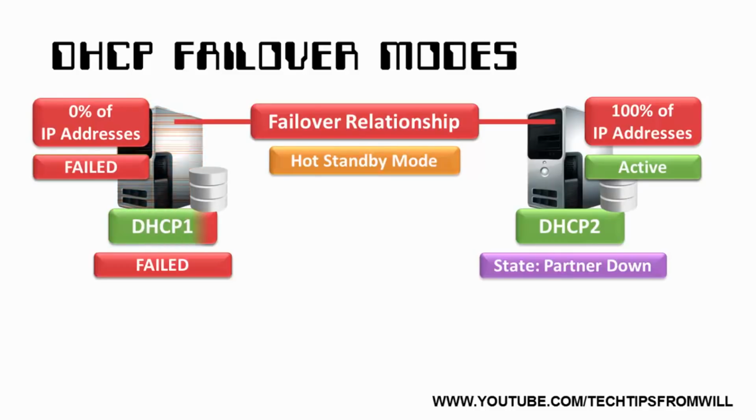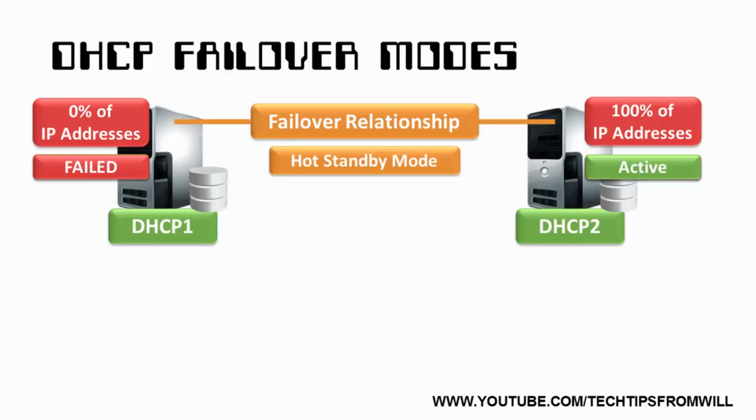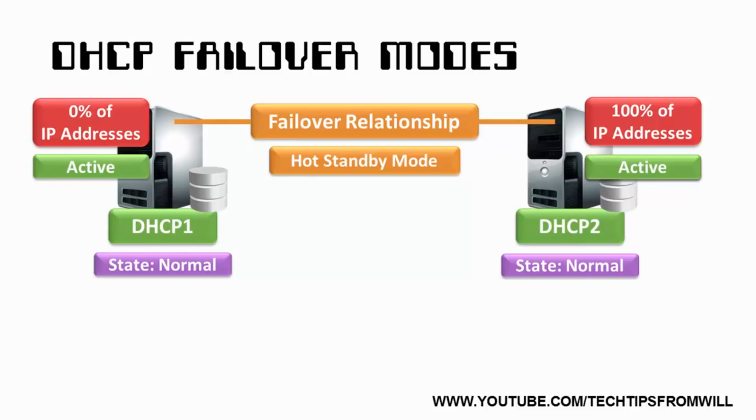When DHCP Server 1 comes back online, it will re-establish its connection with DHCP Server 2. When the connection is re-established, both servers will return to the normal state. DHCP Server 1 will, once again, become the active server, and DHCP Server 2 will return to its original standby mode.